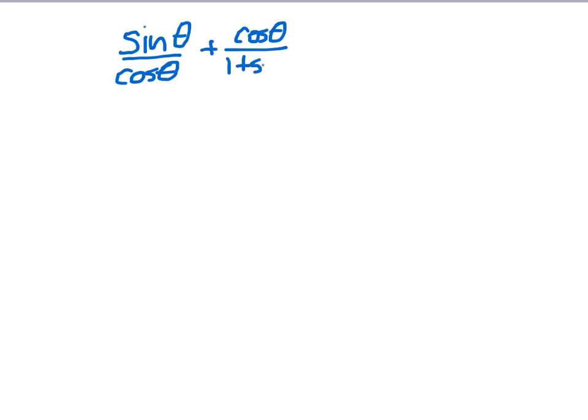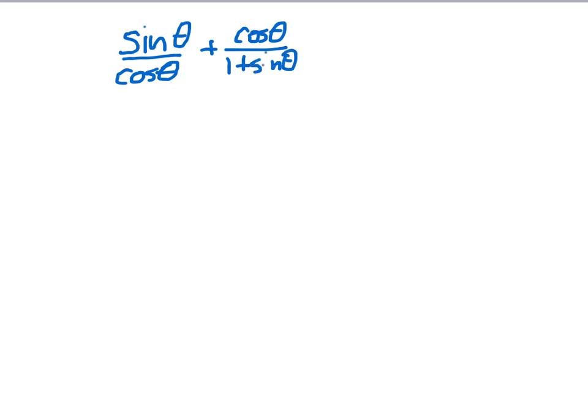Alright, let's take a look at one more here. So if I go with sine of theta over cosine theta plus cosine theta over 1 plus the sine of theta.